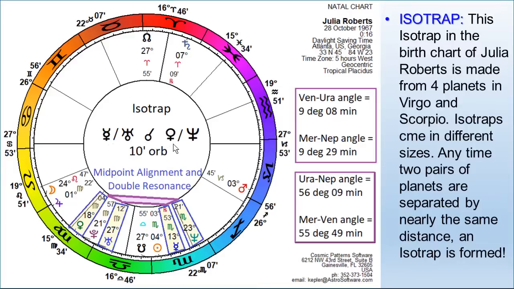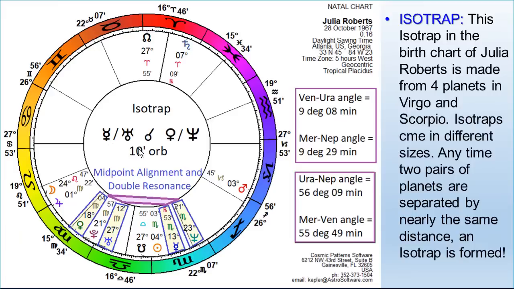That means the difference in the angular distances, the difference in the resonance, the difference between the Venus-Uranus angle and the Mercury-Neptune angle will be twice as much. It's just the way the arithmetic works out. And it comes out to 21 minutes. And so half of 21 would be 10 and a half, and it rounds off to 10.